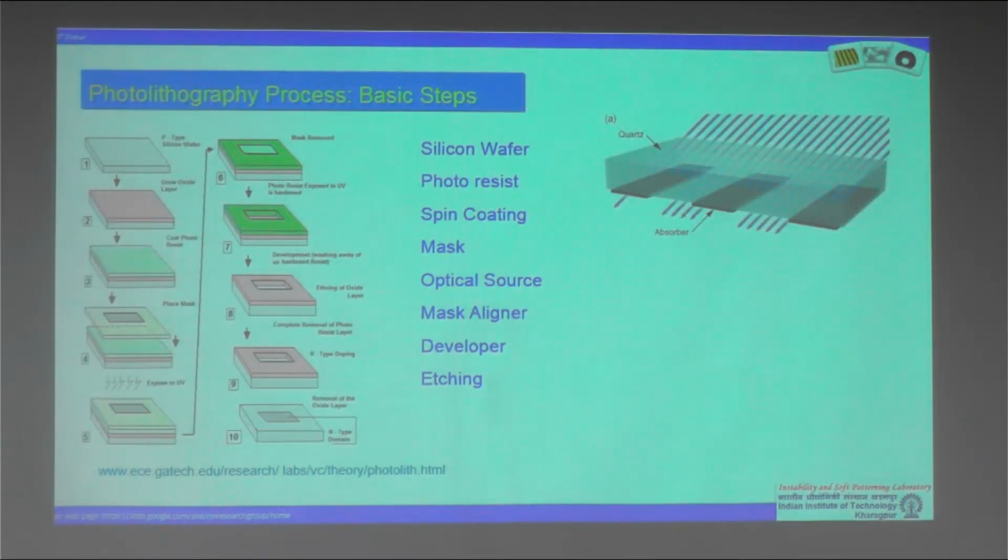This is a billion-dollar industry, so there is a lot of work happening in these areas, and top companies like Intel and companies in Taiwan are based in it. For example, spin coating itself is a topic on which I can talk for 2 hours, which is basically used for coating the photoresist layer over your silicon wafer, and so on and so forth.